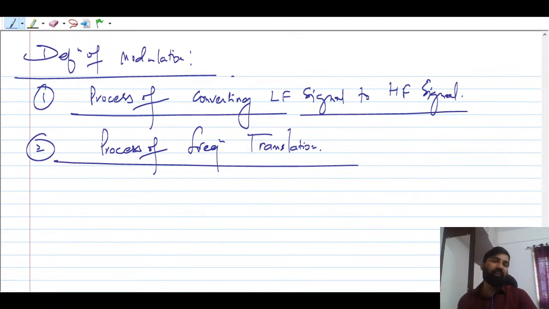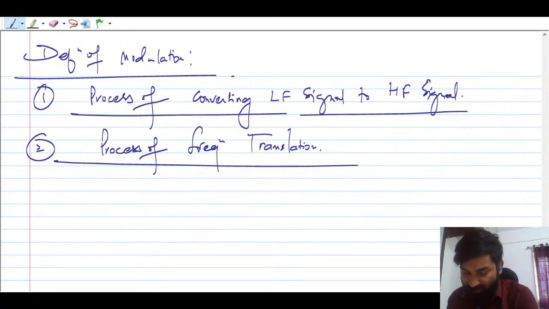Then you can solve any question. Take Brock's book, you can solve any question if you know these concepts. I will solve all the questions in very little time, you see in communication system, that I can assure you. The process of frequency translation means what?